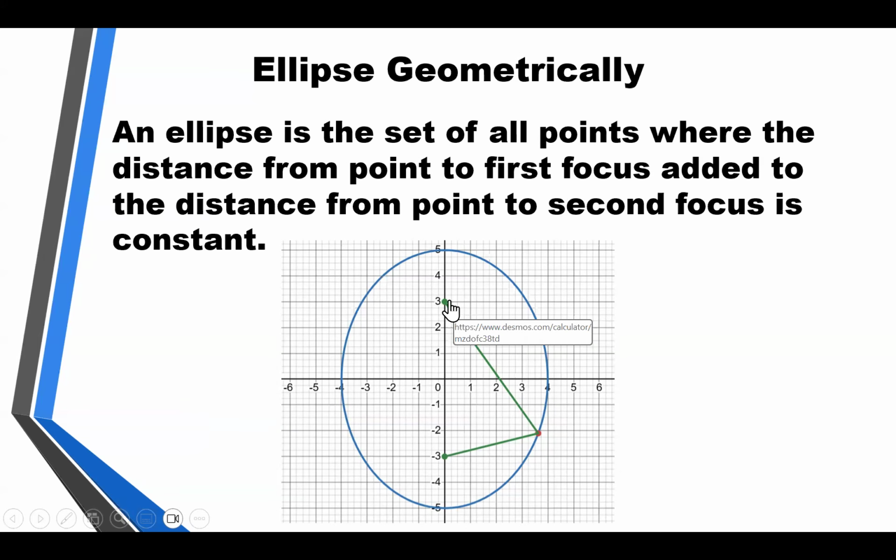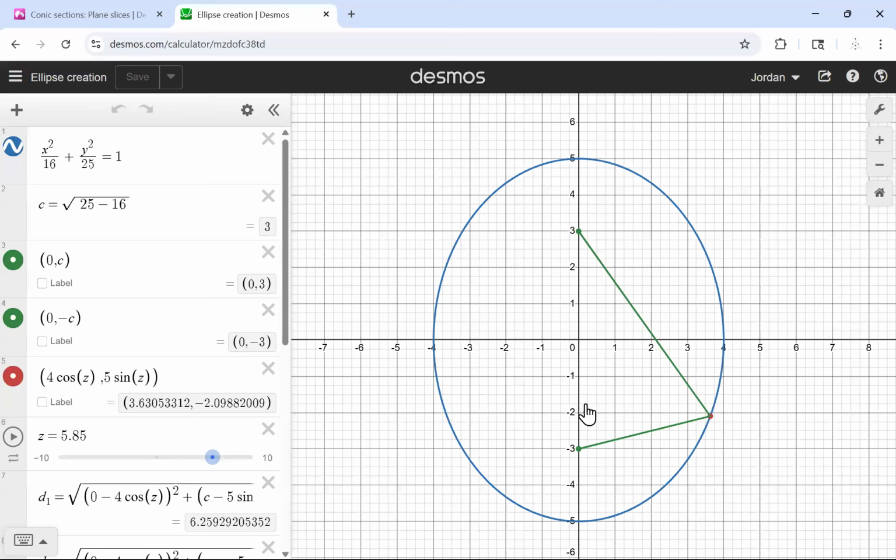Now, geometrically, why these foci are important is because they serve a specific role. Let me actually show you this before I read off what it's doing. So here I've graphed an ellipse centered at the origin. The ellipse is x squared over 16 plus y squared over 25 is equal to 1.